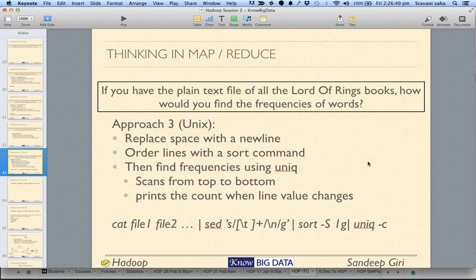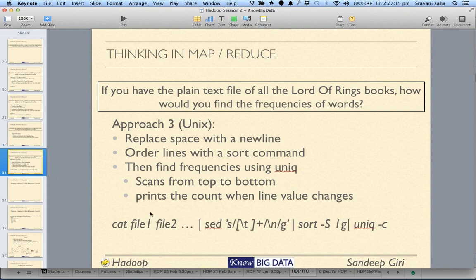From left to right, each command takes the input from the left hand side and gives the output to the right hand side. So cat file is giving the content of file 1 and file 2 to anything which is after the pipe. This vertical bar is the pipe, to SED.